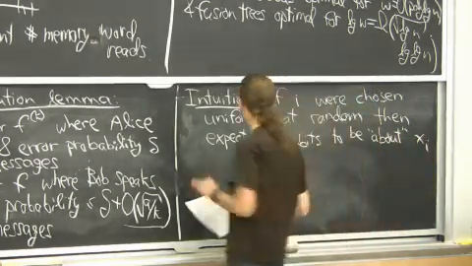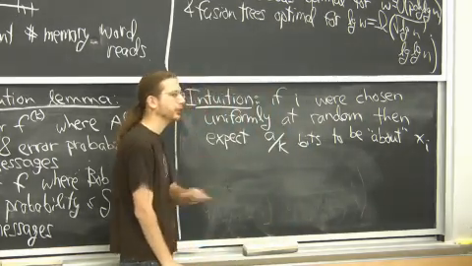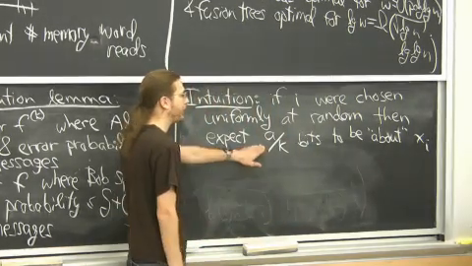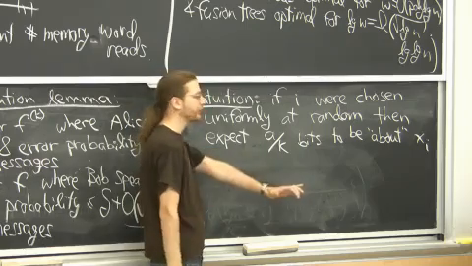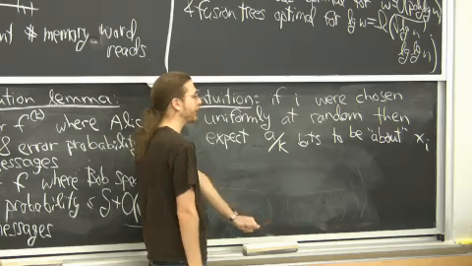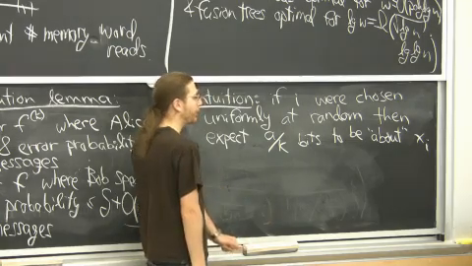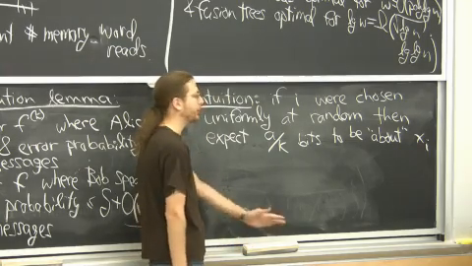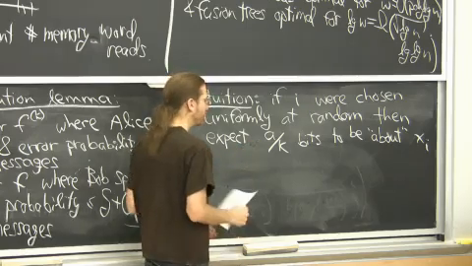That would be the best you could hope to do: you have a bits, you spread them out evenly, and talk about all the xi's that you can. You get to communicate a little bit of information about the particular xi that Bob will care about. You don't know which one that is, so you have to communicate about all of them. So it's going to be a over k in expectation.